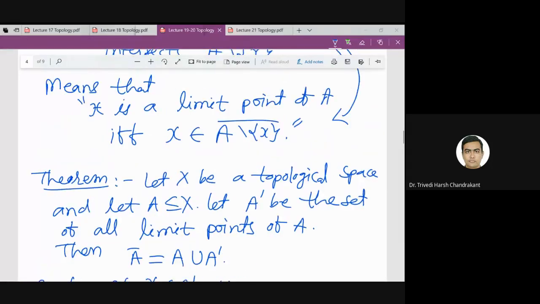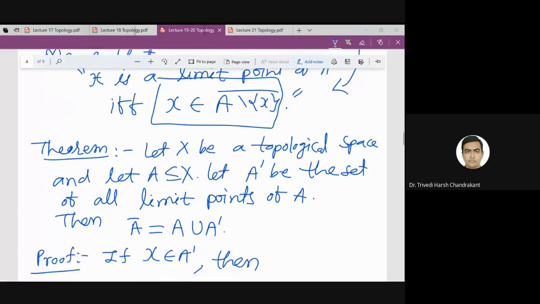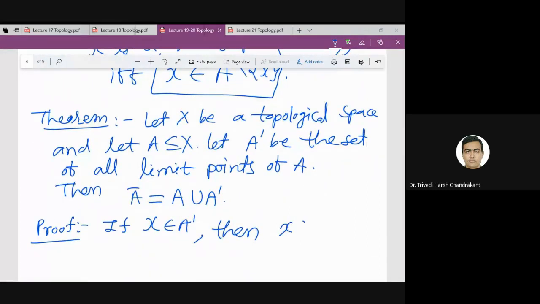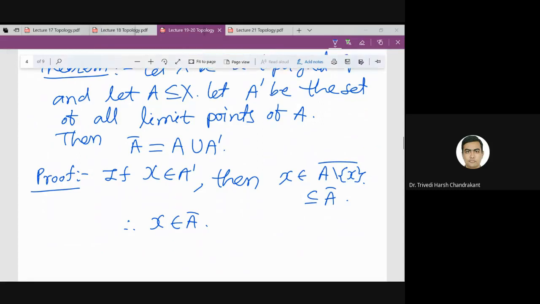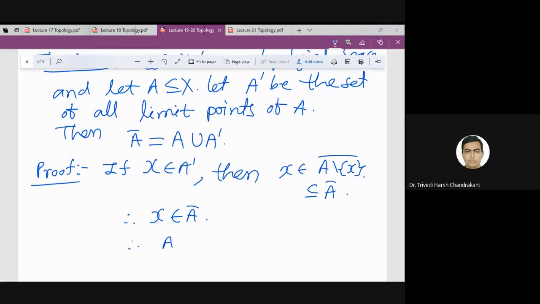Then I will get X in the closure of A minus X, and we know that the closure of A minus X is a subset of A closure. Therefore we get X is in the A closure. So we proved that A dash is a subset of A closure.